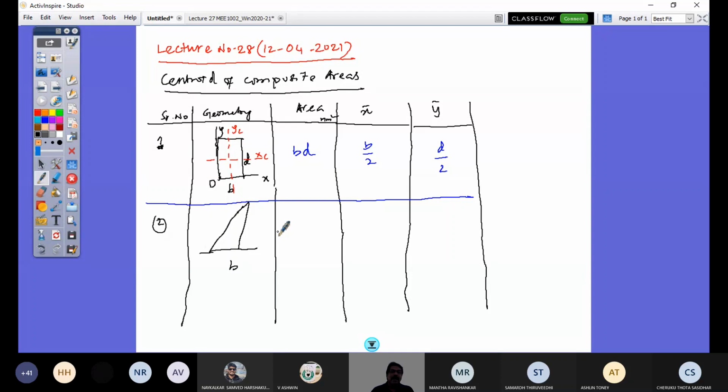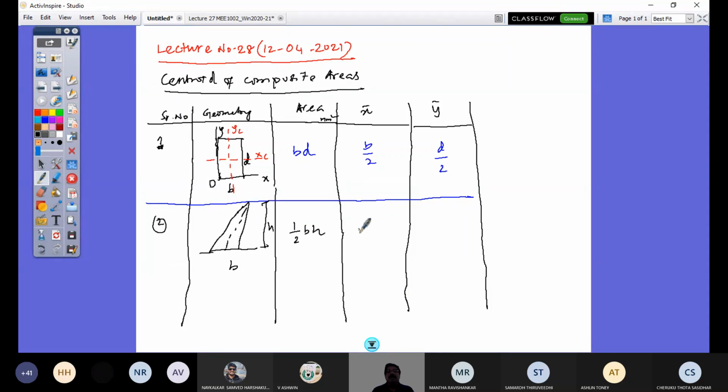From the base midpoint to the opposite vertex, this is called the median. I know the centroid will lie on the median. If this triangle is of height h, it's not the median length h, it is the vertical distance from base to vertex. The area of a triangle is half into b into h.